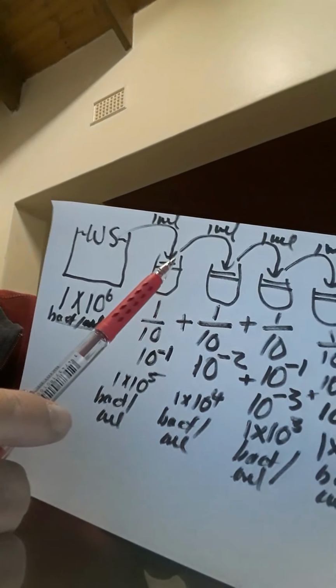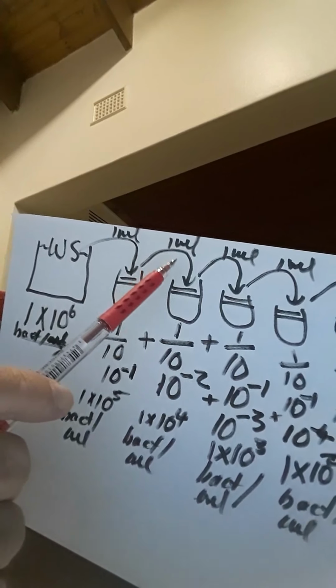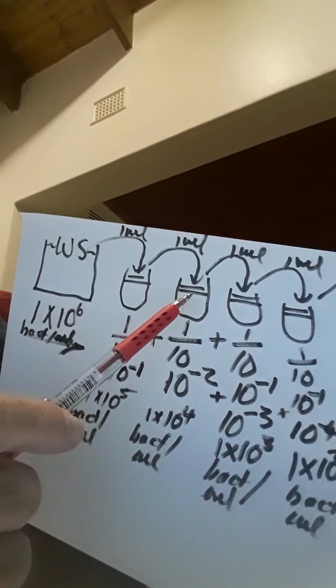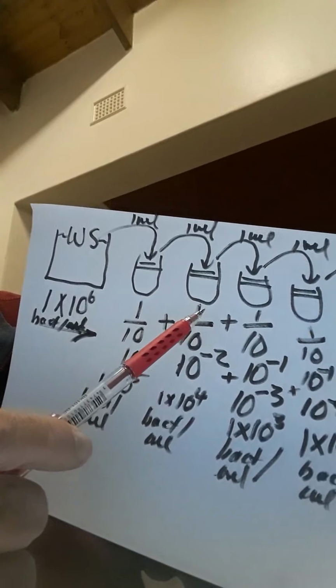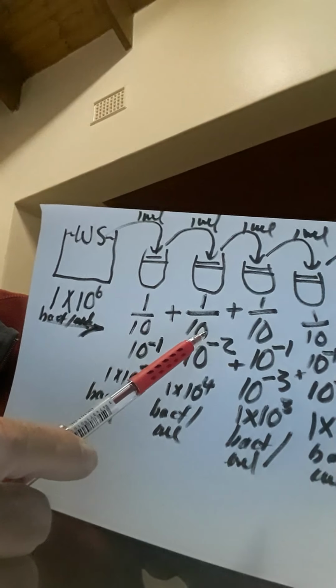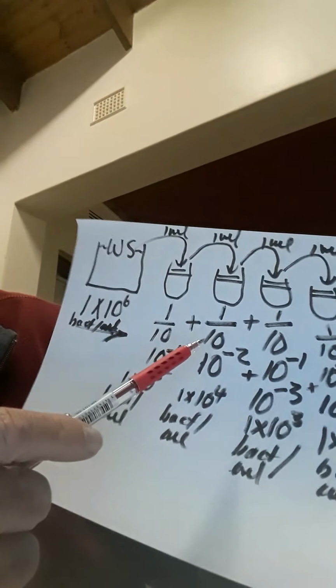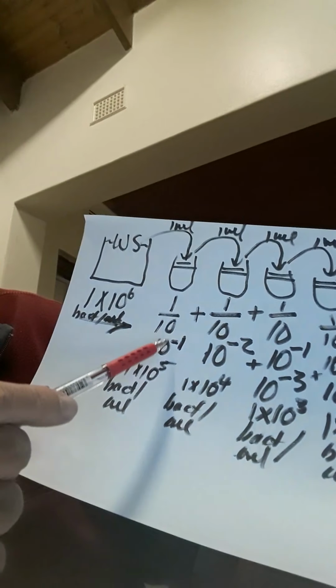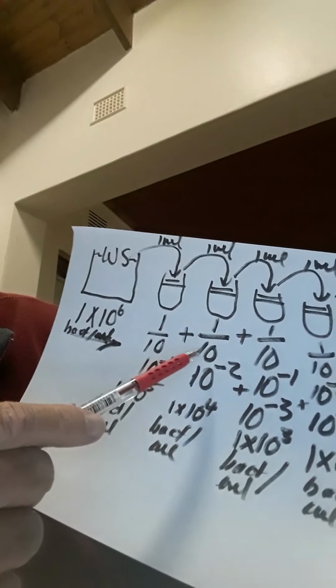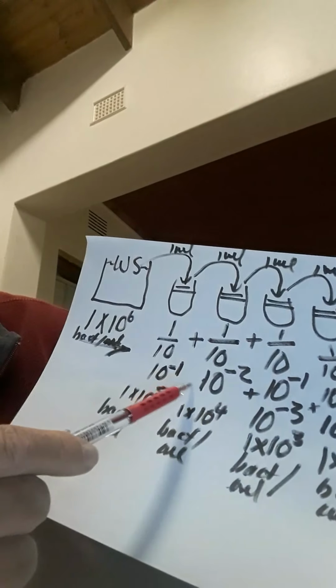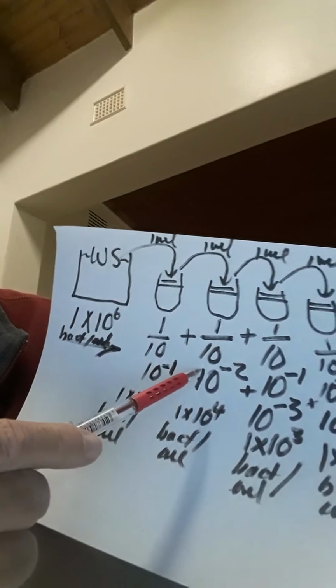If I go from here to the next dilution water, do you agree with me? This is also a 1 in 10 dilution. And 10 minus 1 plus 10 minus 1 gives us now a 10 minus 2 dilution.